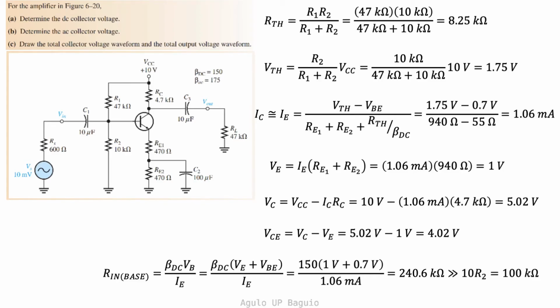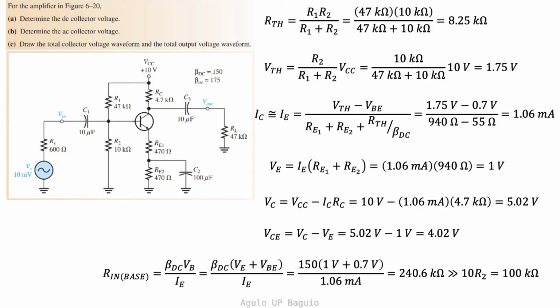Now VE, or the emitter voltage, is obtained by multiplying the emitter current by the sum of the emitter resistances. Since there are two emitter resistors, RE1 and RE2, the total resistance is 940 ohms, and thus VE is equal to 1 volt.